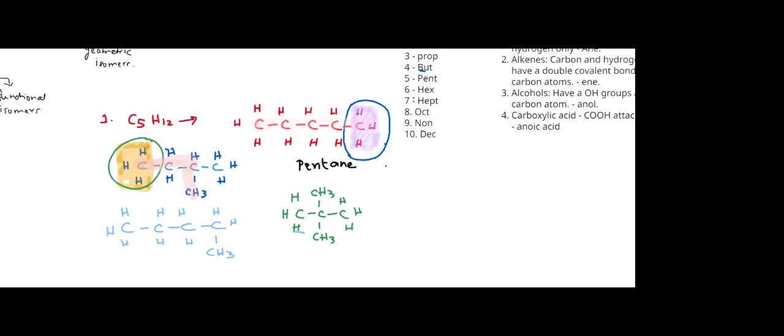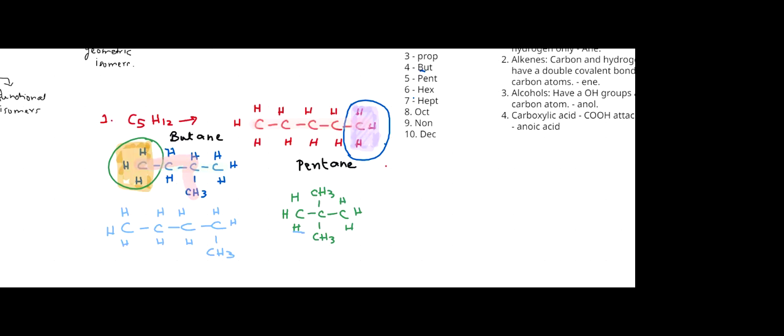So you write down but. After that, we take a look at the functional group. The functional group is alkane because we only have carbon and hydrogen and only single bonds. So this is going to be butane.